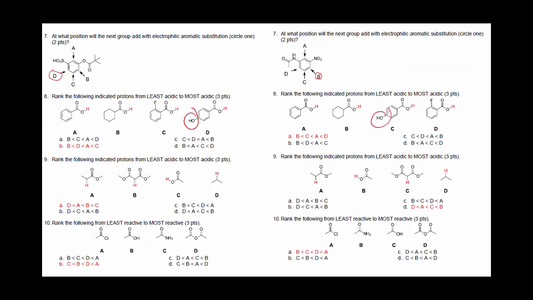It's actually going to donate electrons in, so that will make it less acidic than the one without the OH group there. So that one is less acidic than the one without it because it's going to have the opposite effect of the fluorine. And then otherwise, I think the rest of you did okay on this page. Questions on this page?